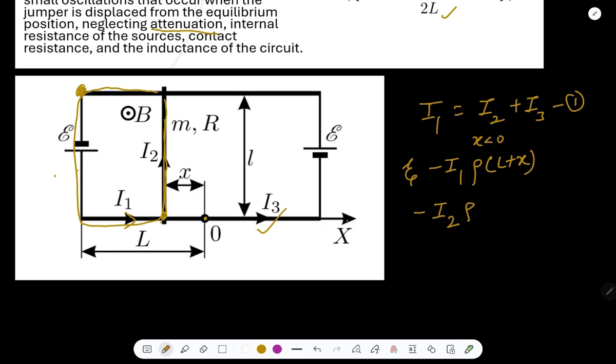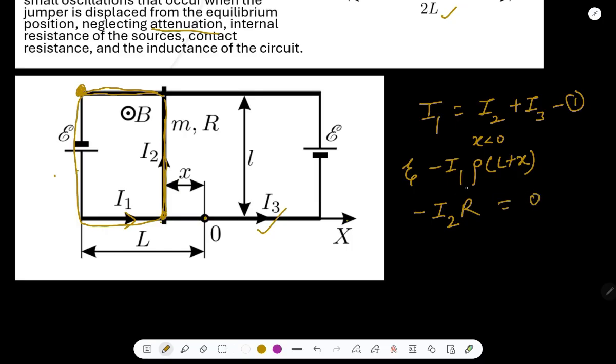I2 rho and the length is L. But its resistance is already given. Its resistance is different, capital R. So I don't need to write these things. This will be minus I2R simply. And we reached again to this point, so it will become 0.